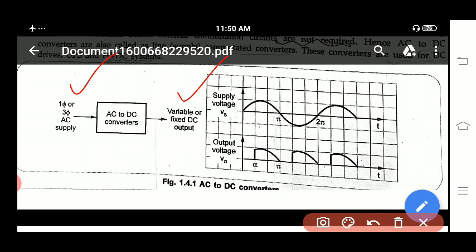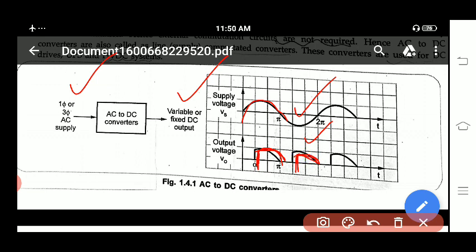Here you can observe that the positive cycle is there, and this positive cycle will be controlled. How much DC voltage you are expecting, according to that you will control this positive cycle. And also in the next cycle you can observe that this negative half cycle is also converted into a positive cycle, and this positive cycle is controlled.